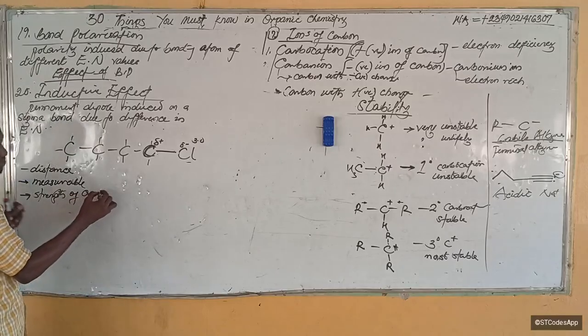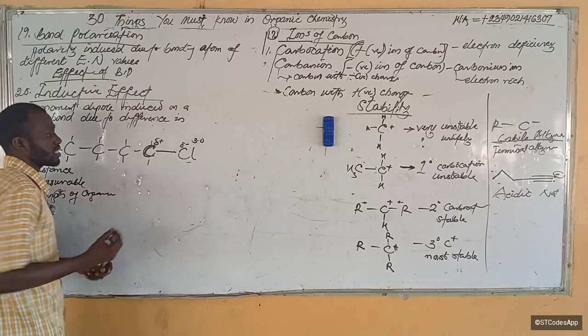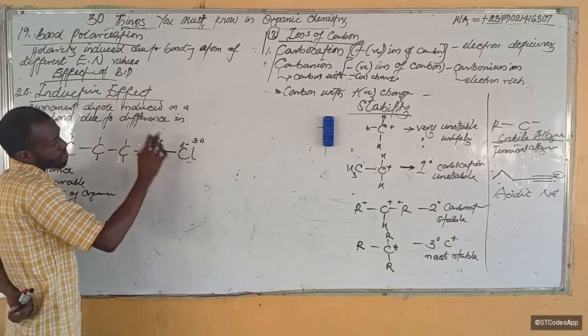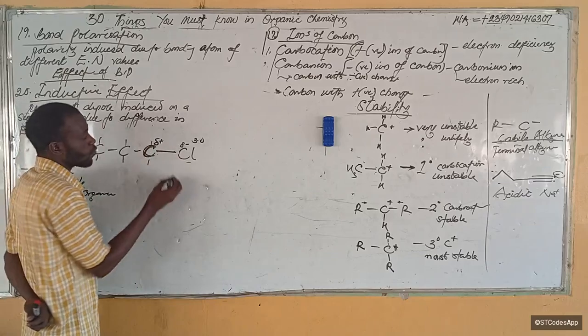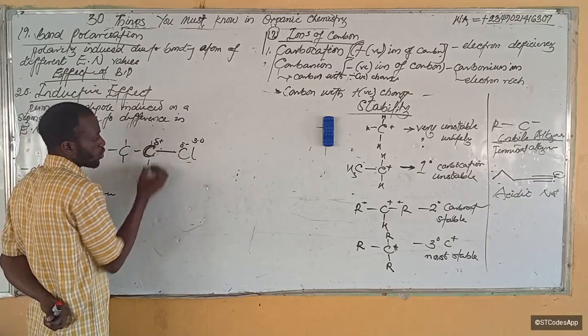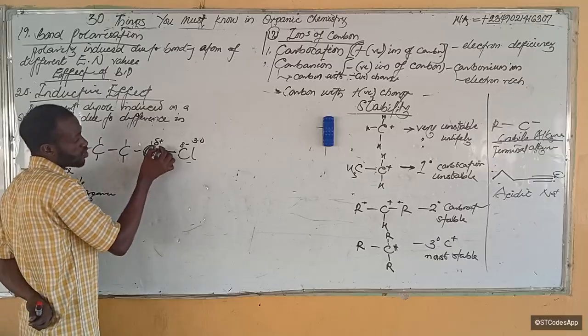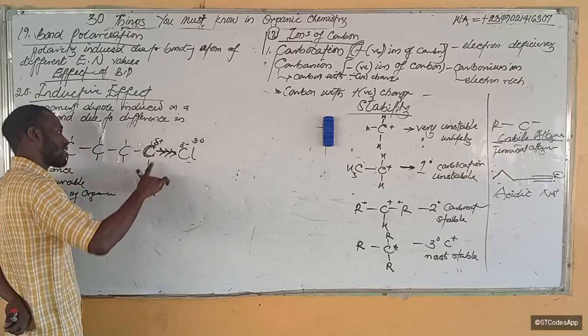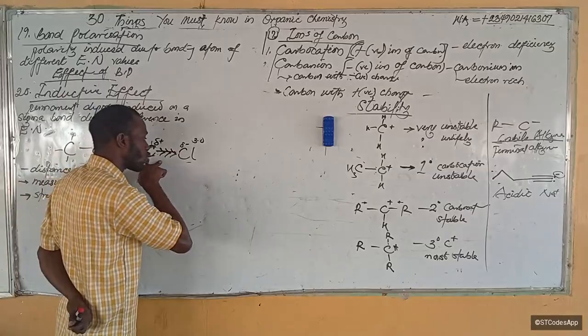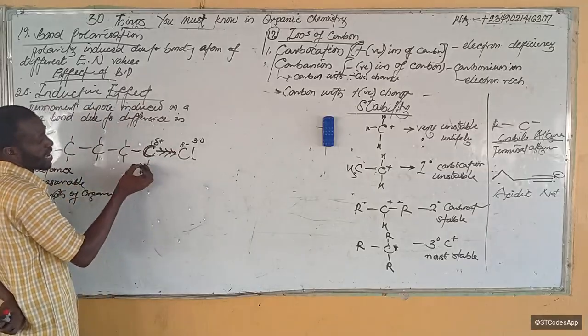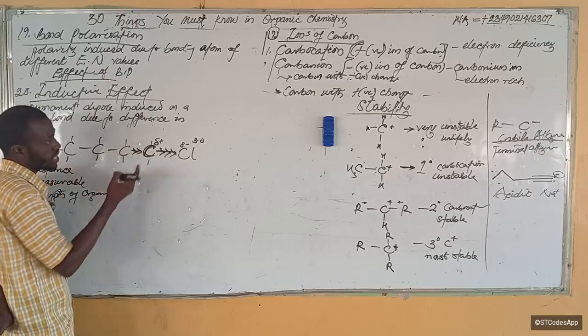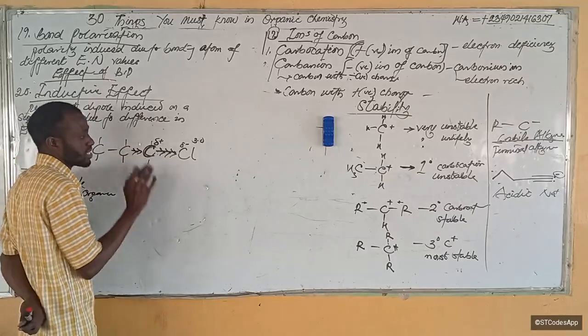I will explain what an organogen is. The inductive effect will be very strong on this one, and we use arrows to represent it, so that the electrons are drawn strongly toward this atom. See, listen, this is the way it is.